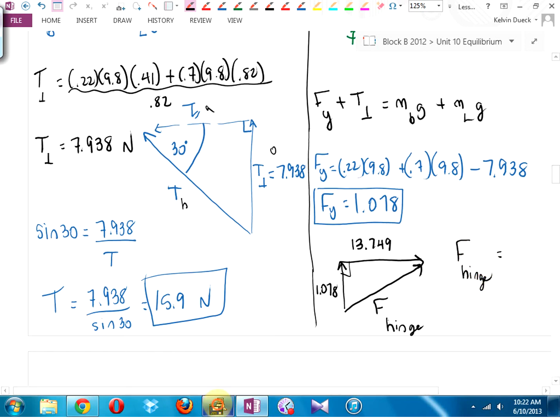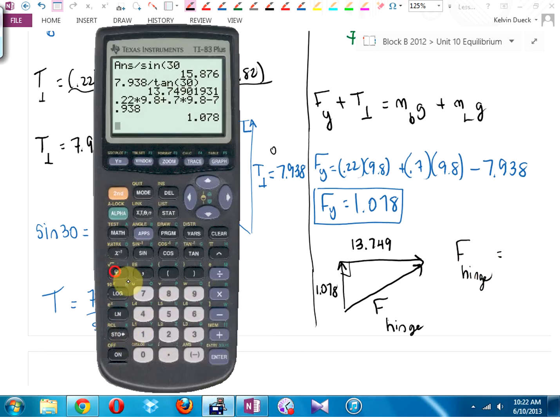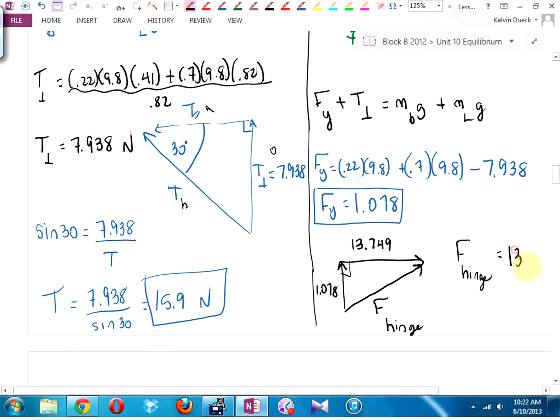Let's do the Pythagoras. This squared plus 13.749 squared, square root, 13.8. And let's find an angle theta. Running out of room here.